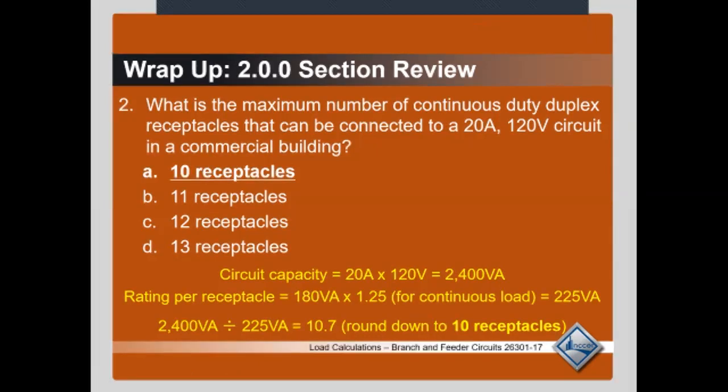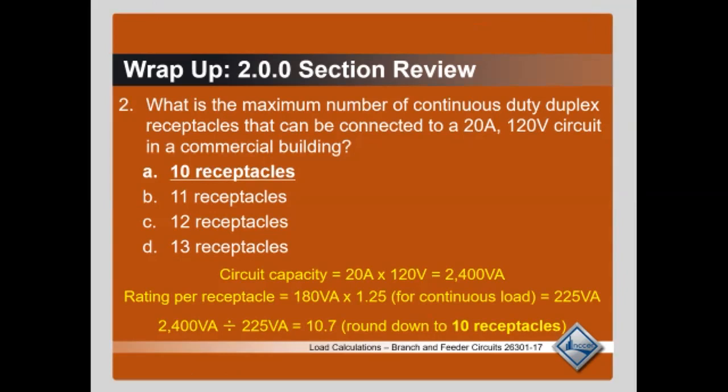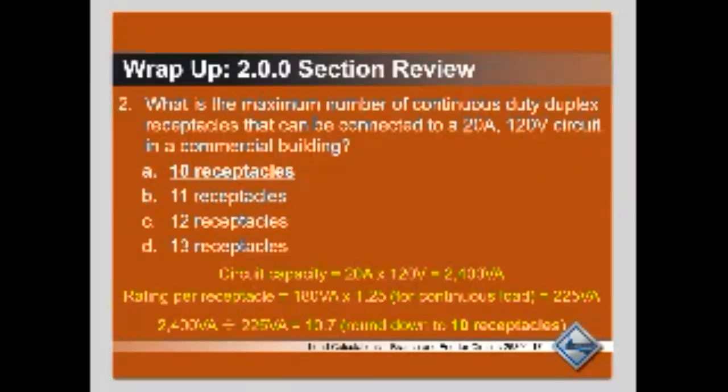All right, so we just said continuous duty, right? How many watts per outlet? Remember what I said a while ago? 180 watts per outlet. That's per outlet, because we don't know what's going to be plugged into that outlet. So it's 120 times 1.25. That comes out to, what did that come out to right there? 225. 225 volt amps or watts.